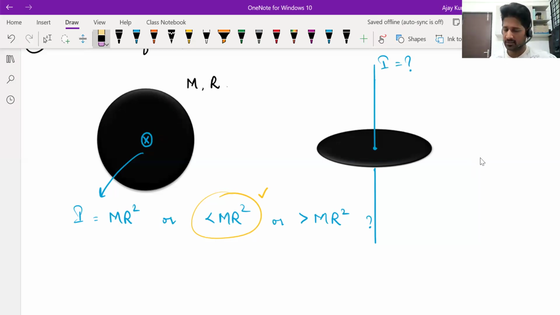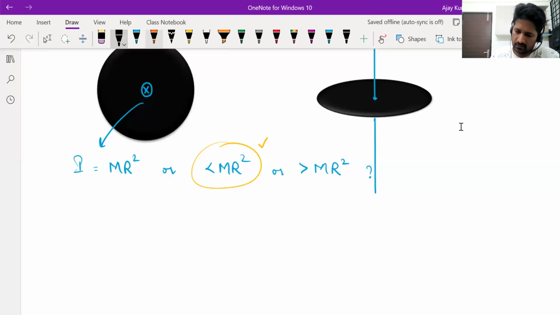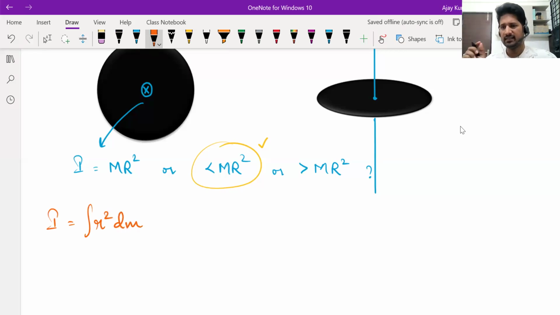So there are some other ways to proceed. Any other ideas, anyone? Okay. One thing you can do, the formula is I is equal to integral r square dm, right? If you take a single particle, dm is the mass of that particle and r is the distance of the particle from the axis. There is another way to look at this formula.